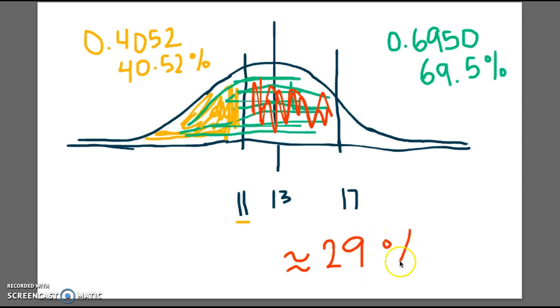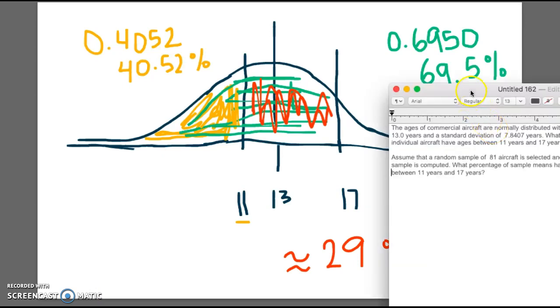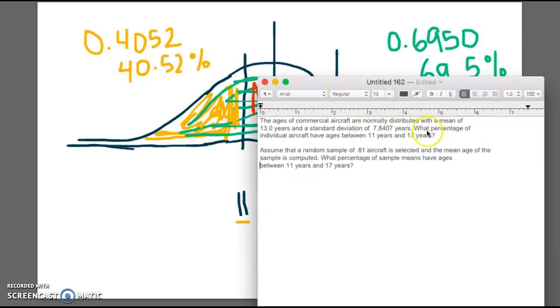Okay, so that would be the percentage of aircraft between 11 and 17. So I'm just going to pull up the original question. What percentage of individual aircraft have ages between 11 and 17 years?